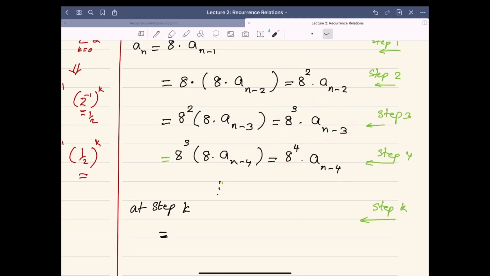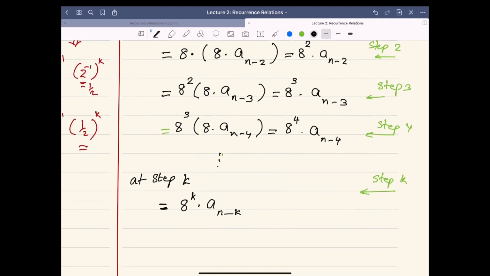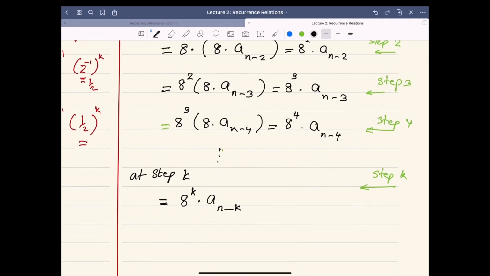See, you can relate the step number with the parameters you have here. 8 raised to power 4, so step 4. an minus 4 and step 4. So we can figure out that at step K, we are going to have 8 raised to power K multiplied by an minus K. So this is what you need to guess and figure out. This is what you will get as an equation at step K.